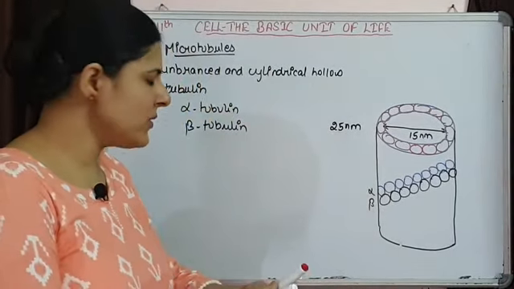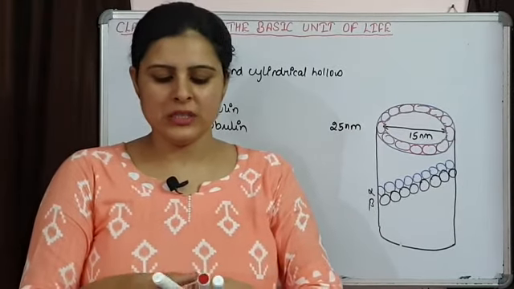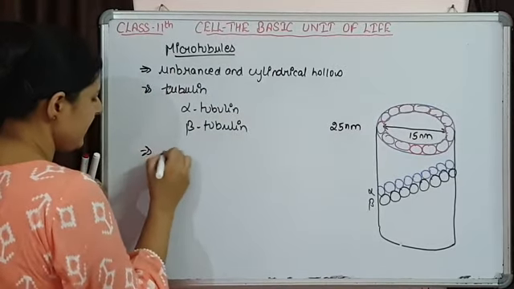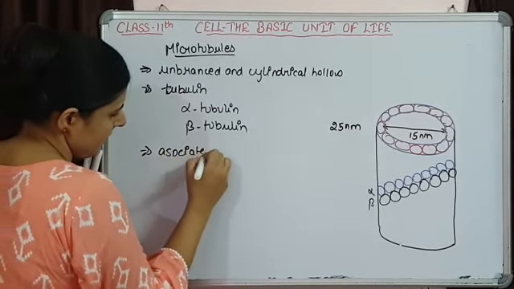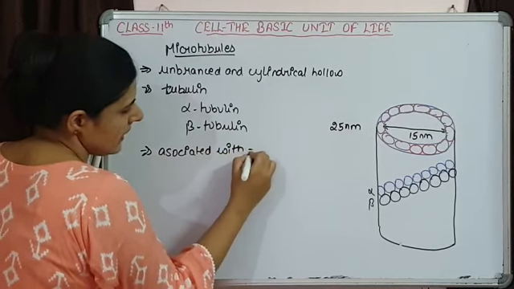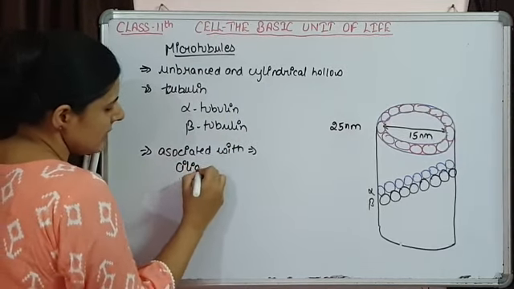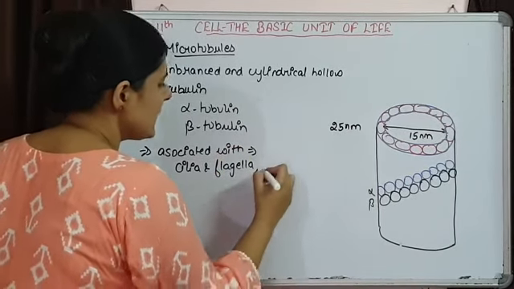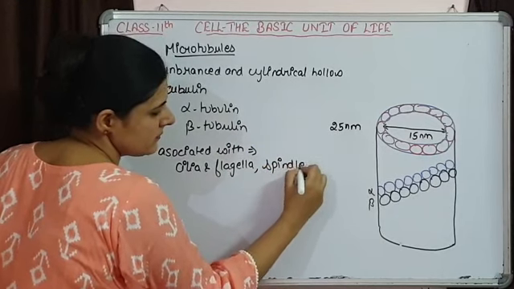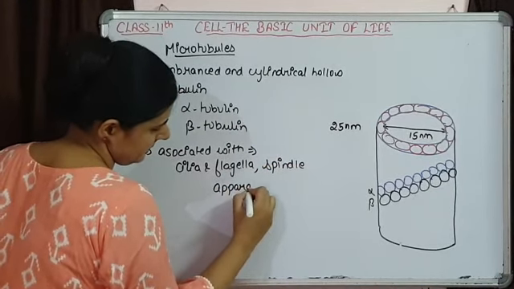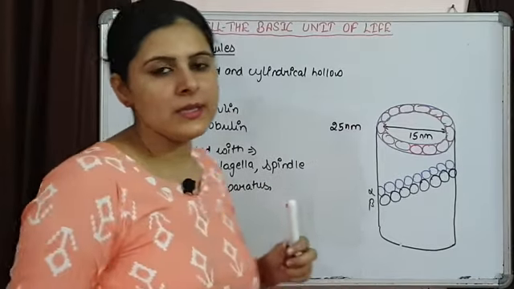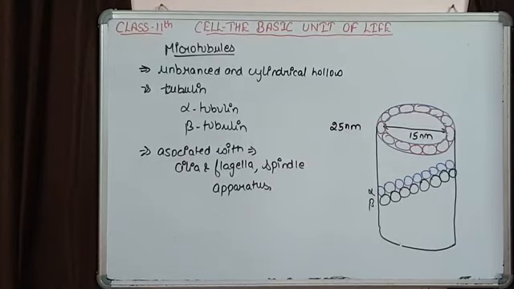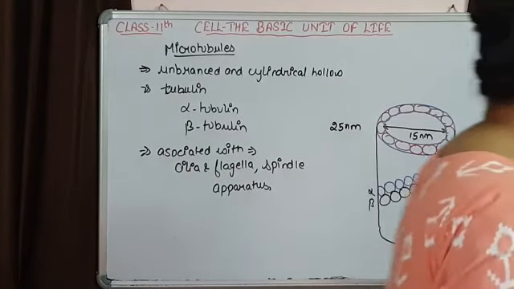Now these microtubules are associated with lots of cell organelles, like they are associated with cilia and flagella. They are associated with spindle apparatus. Other than this, they are also associated with the chromosome fibers, with basal bodies, centrioles.